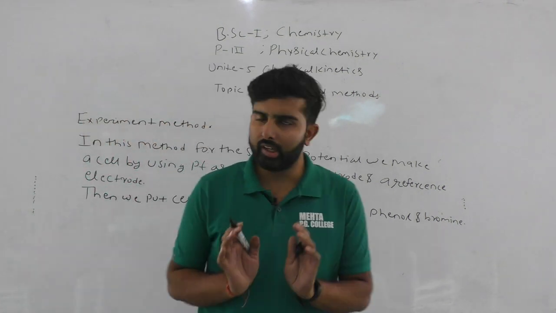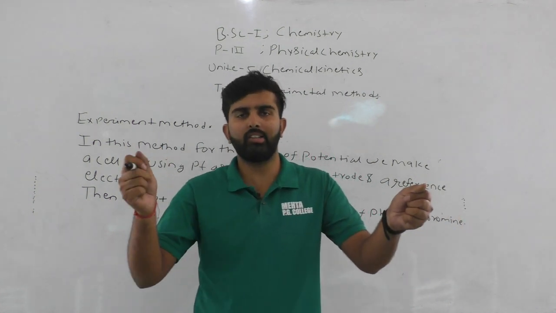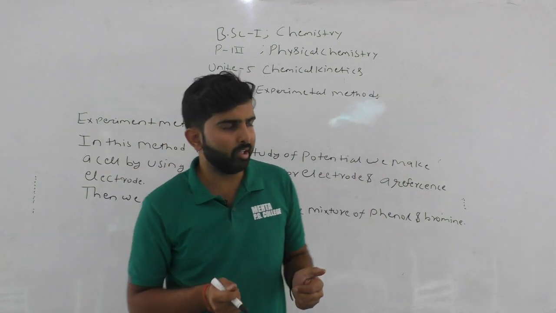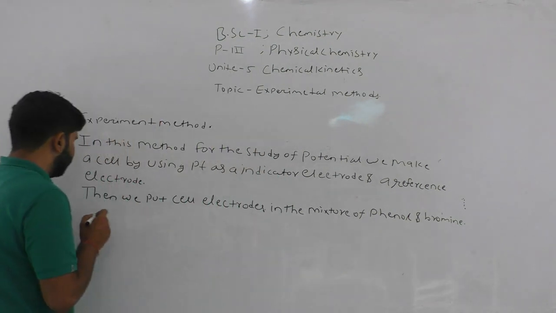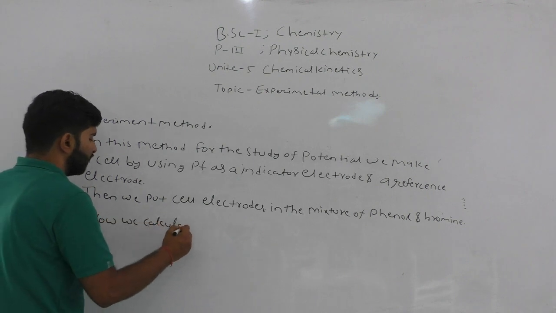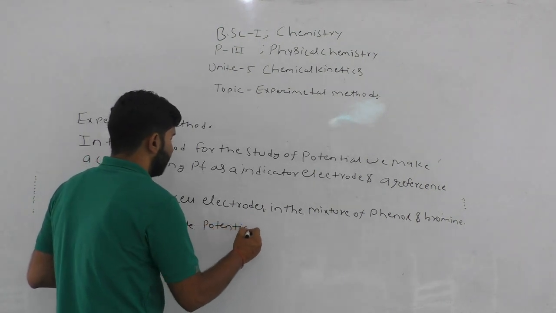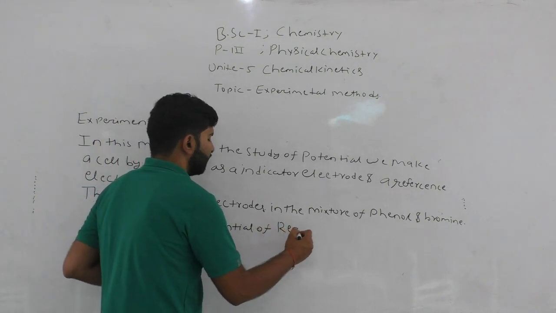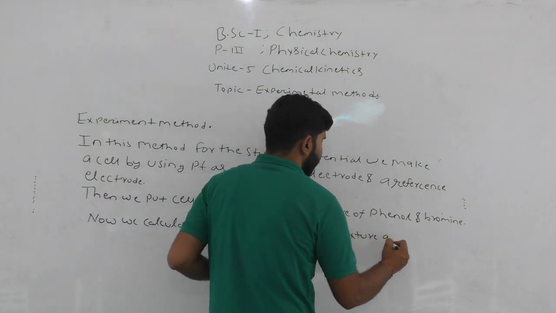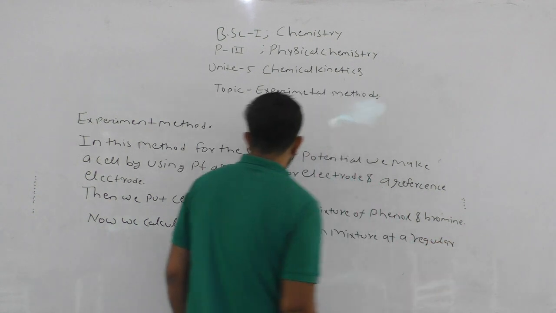Now, when initially we make a cell, then we put both the electrodes, one is platinum and the second is reference electrode, in a reaction mixture which is the phenol and bromine mixture. Now we calculate the potential of the reaction mixture at a regular time interval.